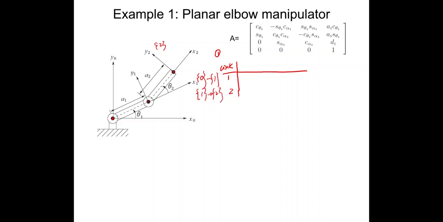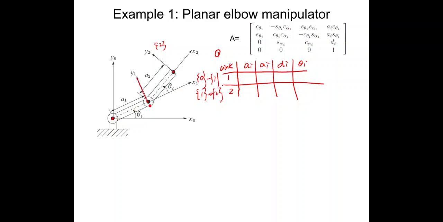At each step, we need to find 4 parameters, which are a_i, alpha_i, d_i, and theta_i. The first step is to find the 4 parameters for link 1, meaning frame 0 to frame 1. Here I have my frame 0 and my frame 1.